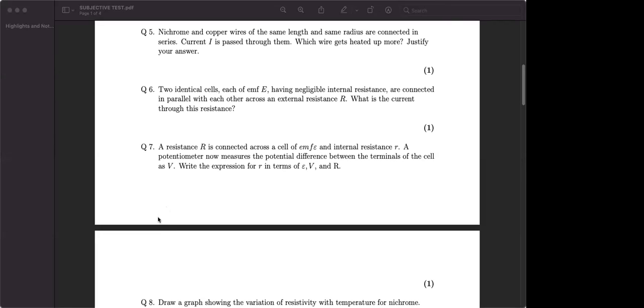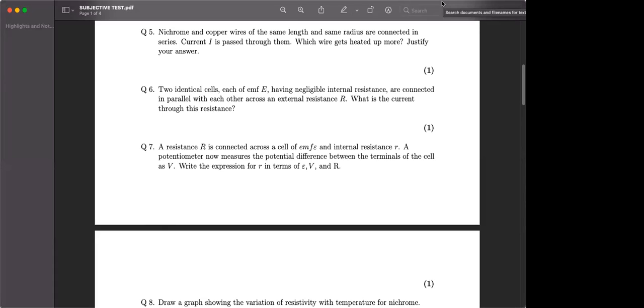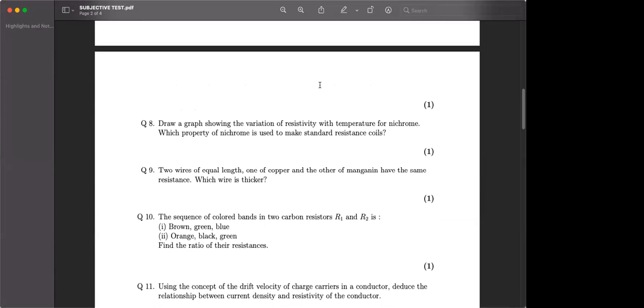Sir, is the 10th one something we learned? No, you can skip the 10th one. The 10th one is out of syllabus for this. You can skip the 10th.